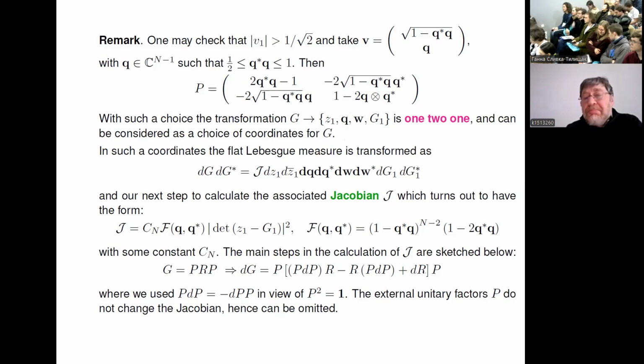And since it's just a parameterization of new coordinates, we should rewrite the flat Lebesgue measure in terms of the new coordinates. Since it's a change of variables, obviously we will have some Jacobian, and the Jacobian will be non-trivial, and one should calculate it.